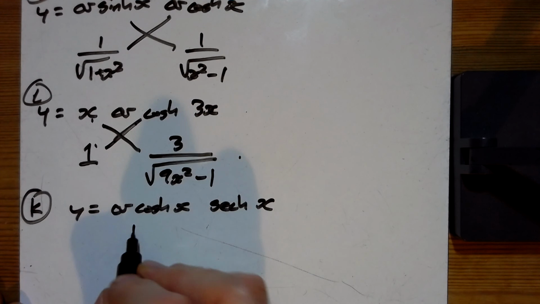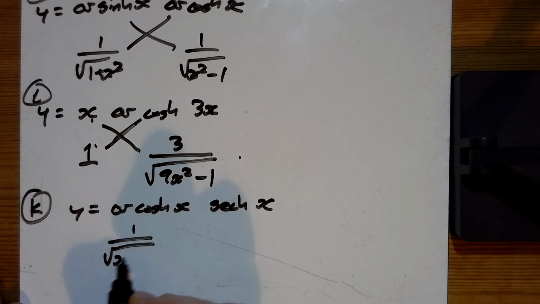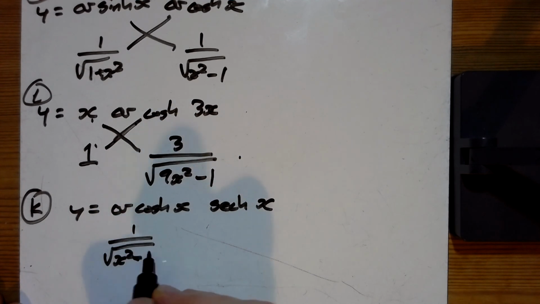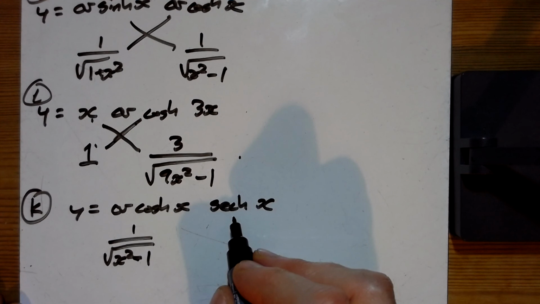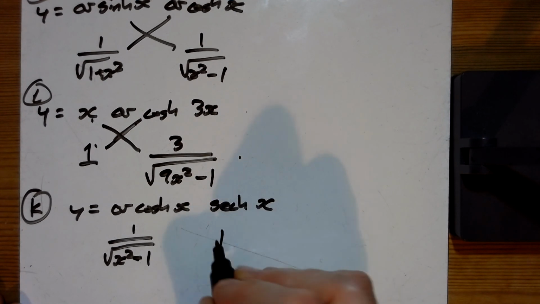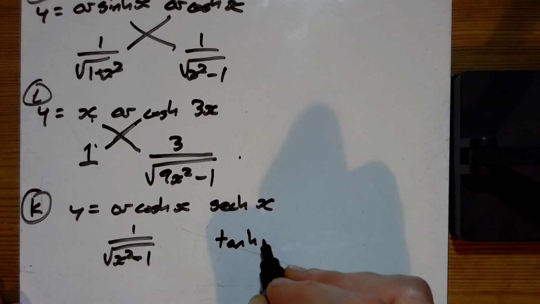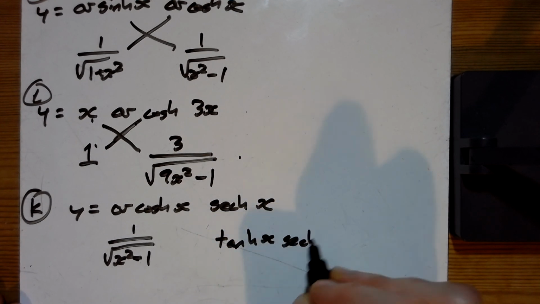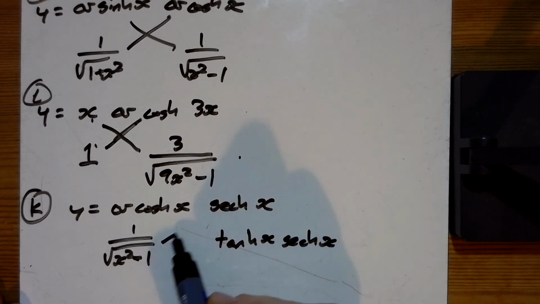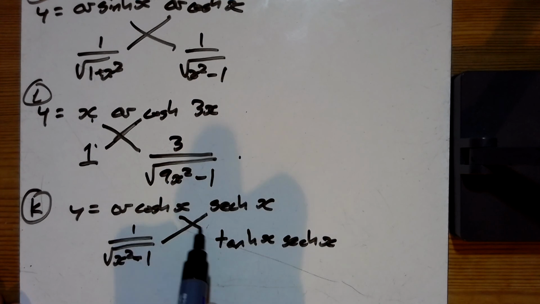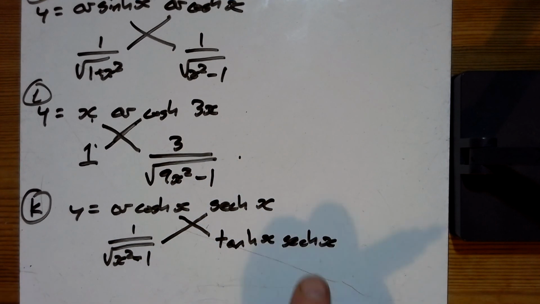So arcosh goes to 1 over the square root of x squared, take away 1, and sech differentiates to minus tanh x sech x. So those two things times together plus those two things times together, probably pull out the factor of the sech as well when you finish.